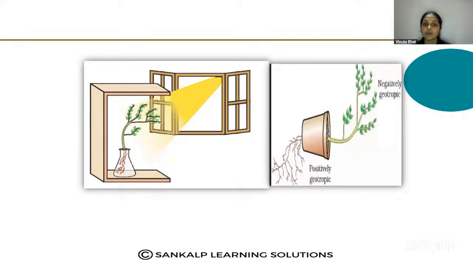But when you observe the roots, only the aerial parts are growing towards the light. What about the roots? The roots are growing towards gravity, towards the soil.